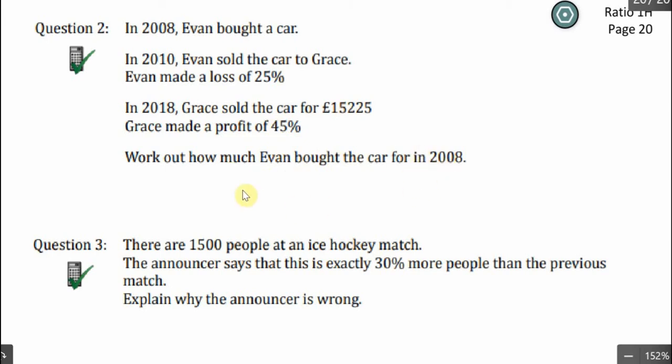So if we think about the journey that this price has gone on, let's just call it original. What would we multiply it by to reduce it by 25%? Well, if you reduce 100% by 25%, you're left with 75%, which is 0.75.